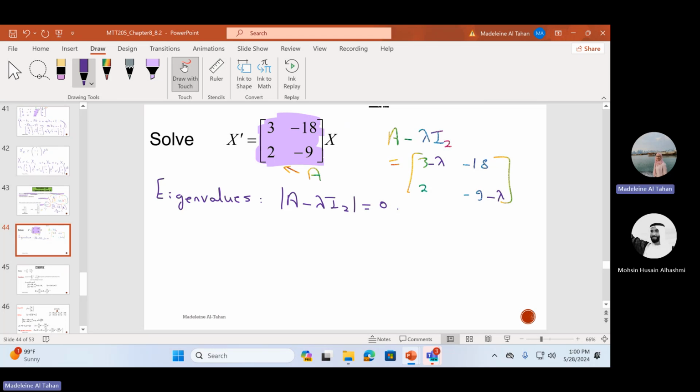How do we find the determinant of a 2 by 2 matrix? Main diagonal, yes, minus the second diagonal. So please find the characteristic equation.